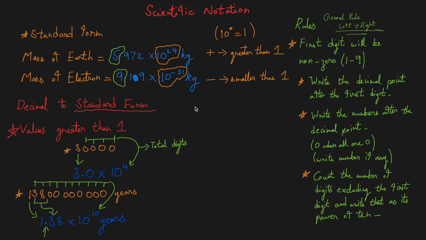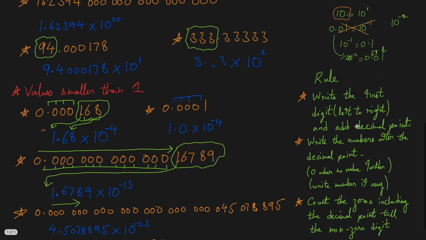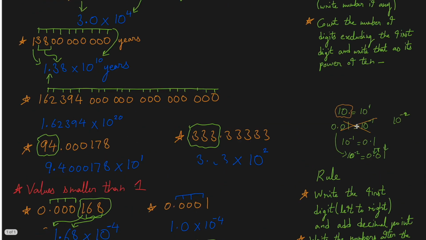That will be better. And this is the video for scientific notation, converting decimals into scientific notation. And these are the rules. This first one is for values that are greater than 1, and this is the rule for values that are smaller than 1.